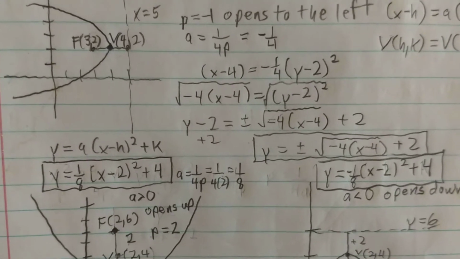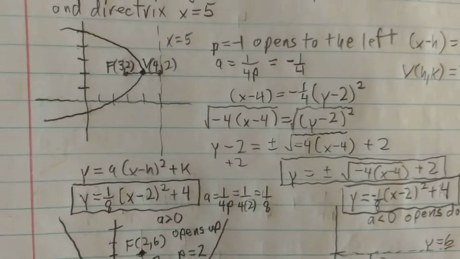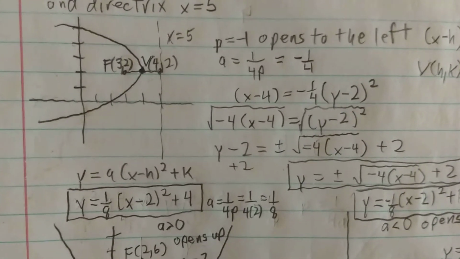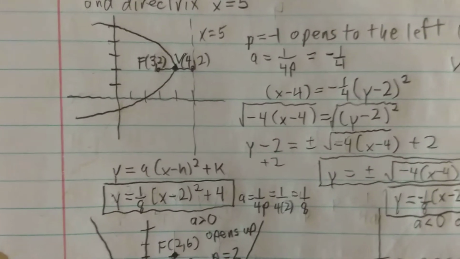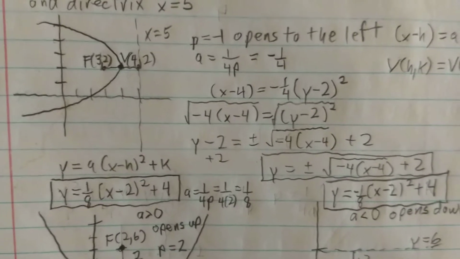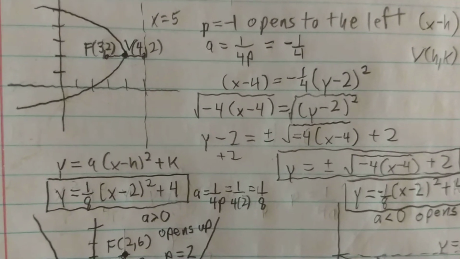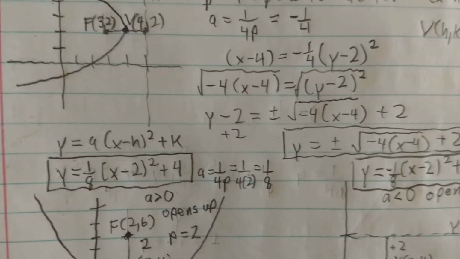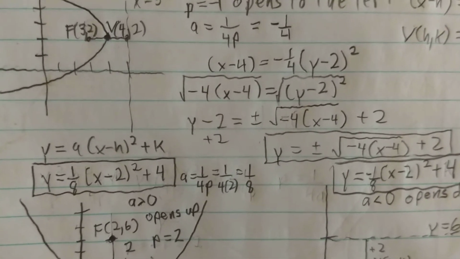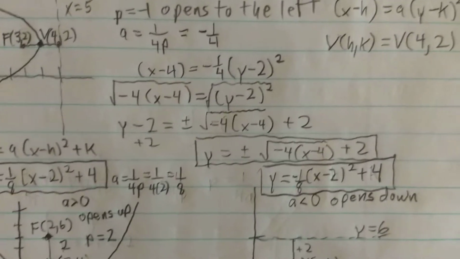Because the x equals 5 directrix is behind the focus, it opens to the left, which is a -p. So p is -1 because the distance from the vertex to the focus is -1, in the left direction. So a is equal to 1 over 4 times -1, or -1/4.